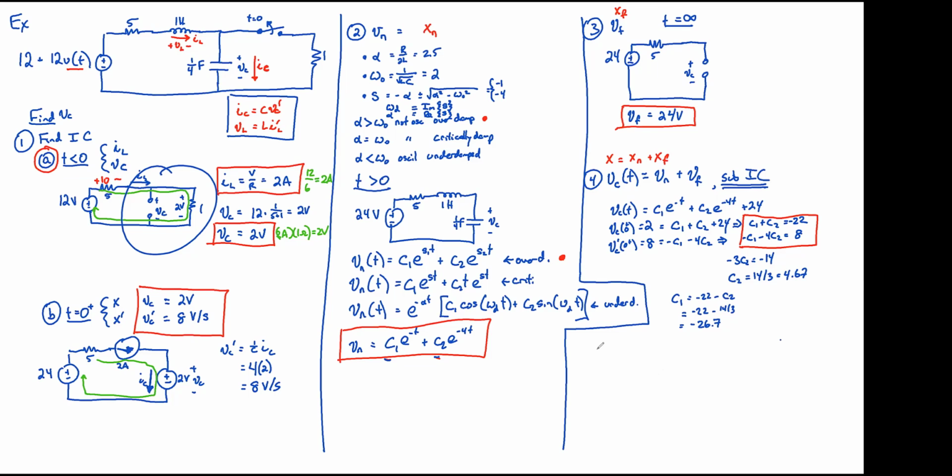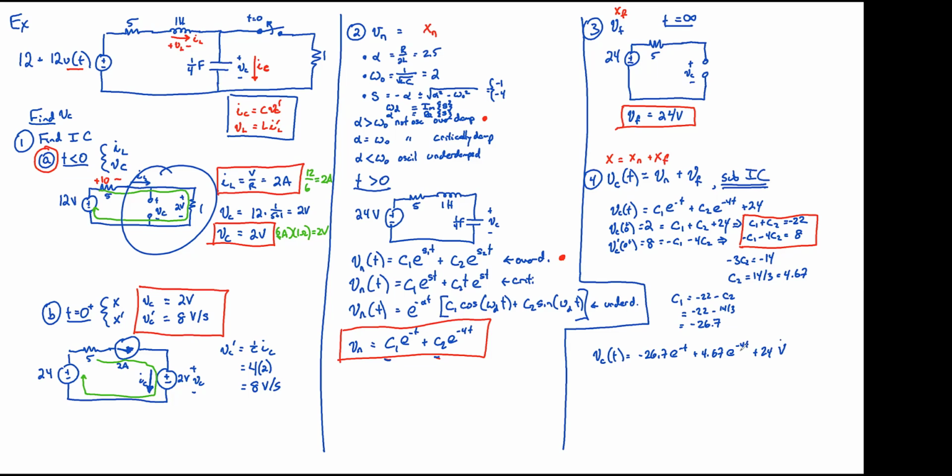And so now we can write the entire solution. It's equal to minus 26.7 e to the minus t plus 4.67 e to the minus 4t plus 24. All the units are in volts.